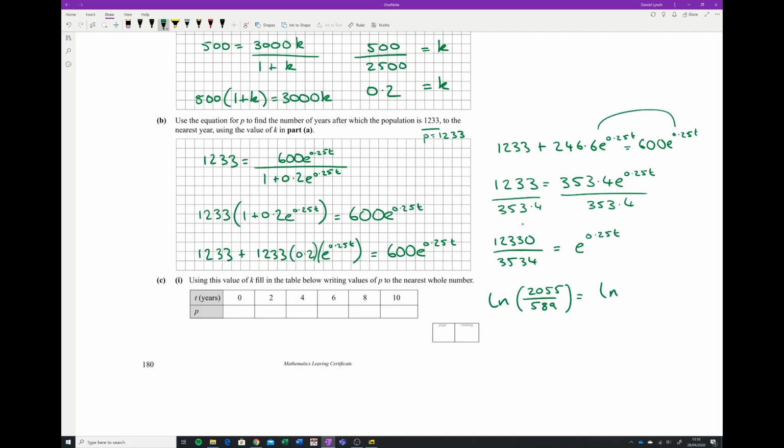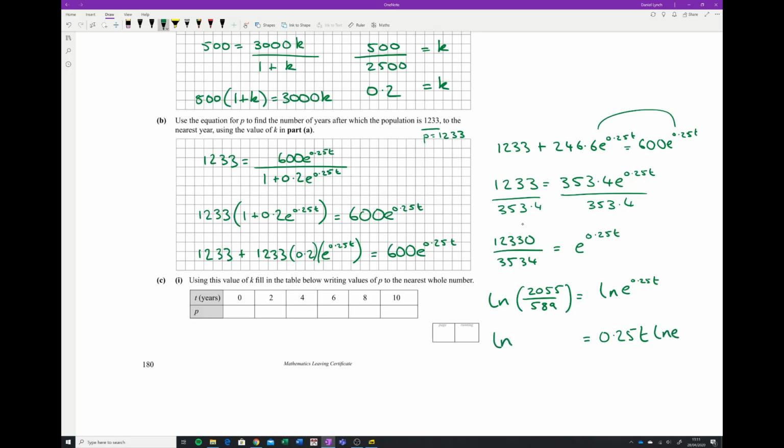And it's equal to ln e to the 0.25t. So we get 0.25t times ln e. That's the rules of logs.